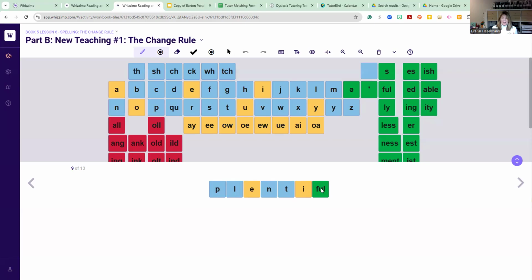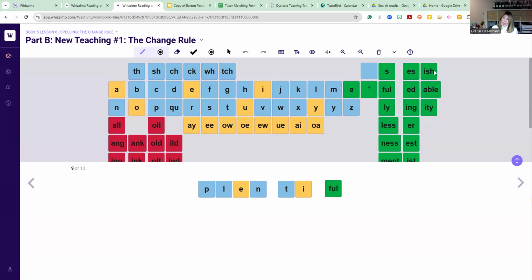So every now and then, some of these words look weird when they're just on the screen all by themselves, so using them in a sentence is very helpful for them. In the word plenty, we had the E sound. Now in the word plentiful, we have 3 syllables, and often this I will change to its short sound. It follows what we call the confident rule there.